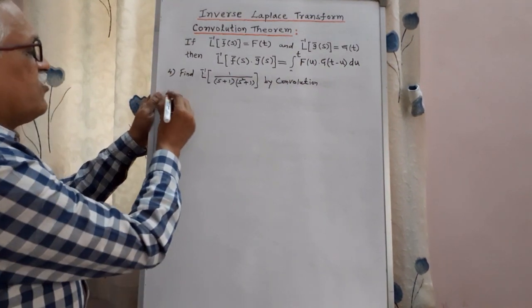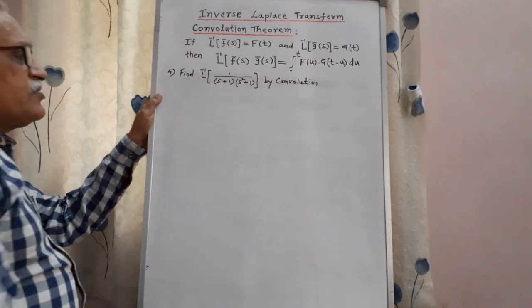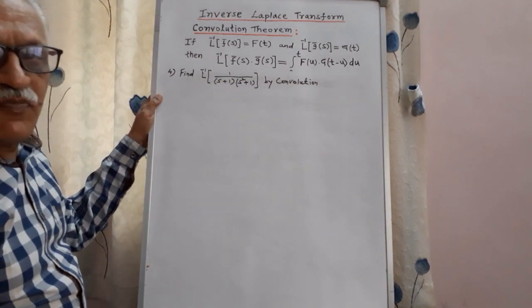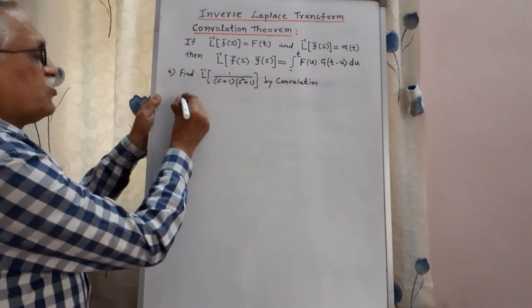Okay. Therefore, once again a product of two terms, 1 upon s plus 1 and 1 upon s square plus 1, whose inverse is known.